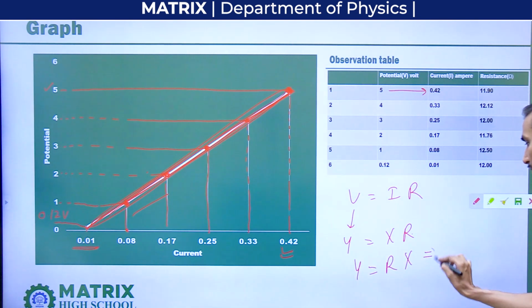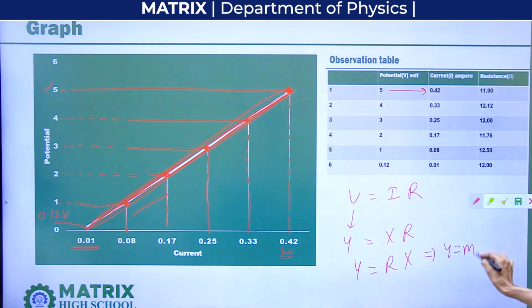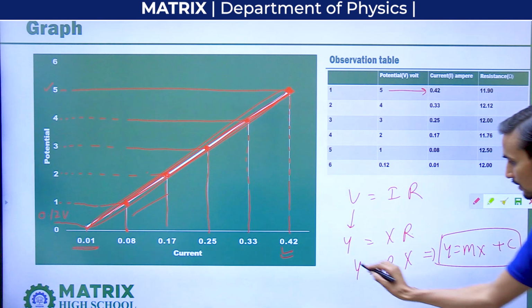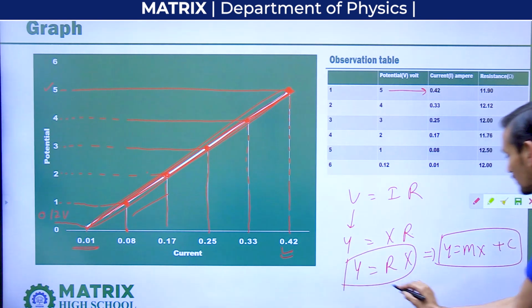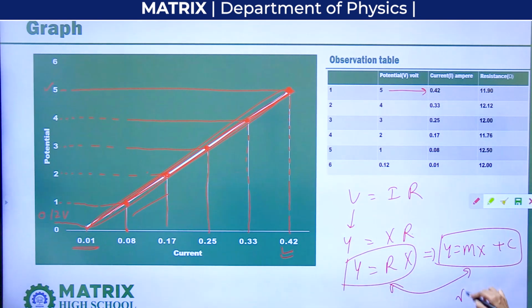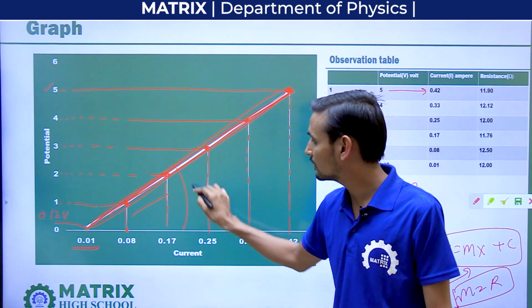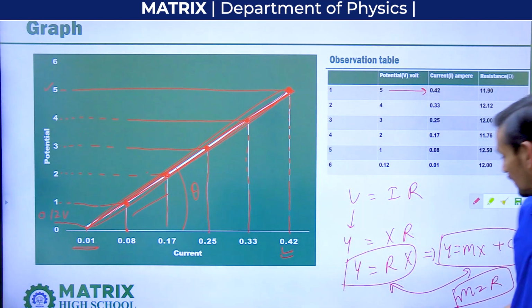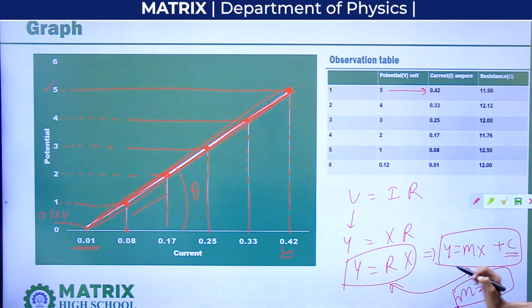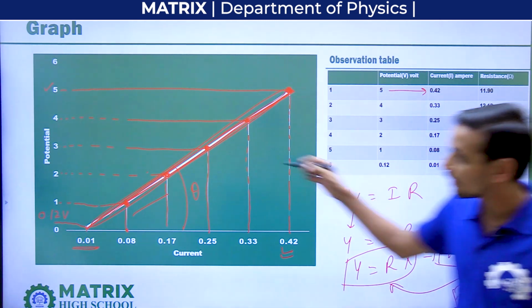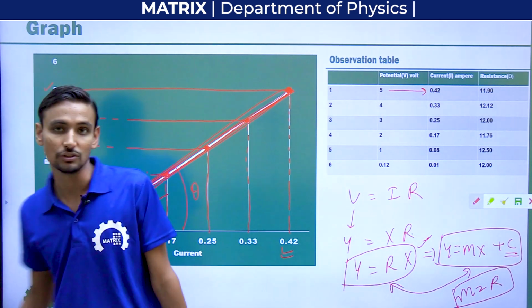And if we compare this with y equal to mx plus c, then slope m will come out equal to R, which is positive. That means the line makes an angle theta between 0 to 90, and c is constant, that means y intercept, which is 0 here, so it will pass through (0, 0).